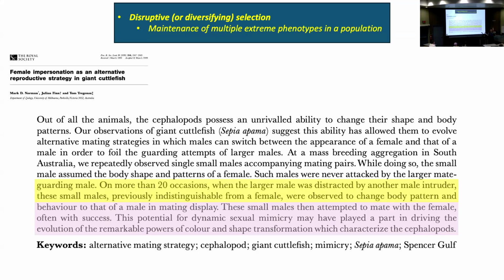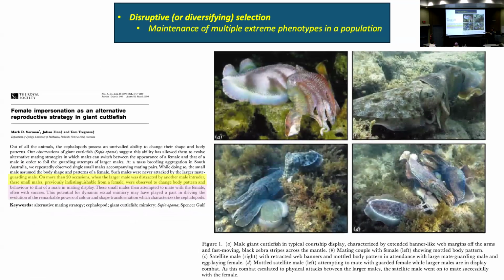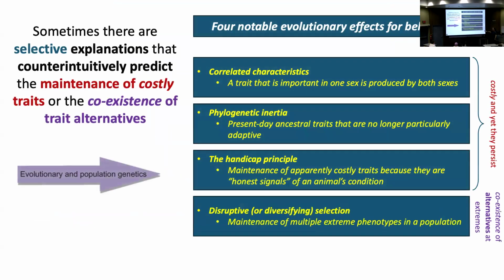You wouldn't expect selection to select for two competing traits that are at opposite extremes, but it turns out that when they are at opposite extremes, they create opportunities for each other, which end up actually maintaining both in the population. All right. So here are pictures of those cuttlefish, and you can read the captions to see who's who offline.